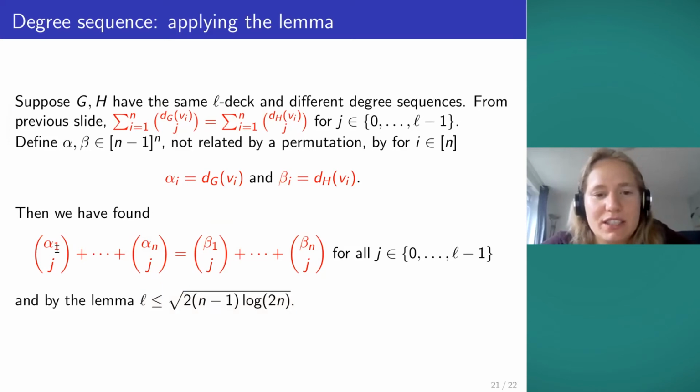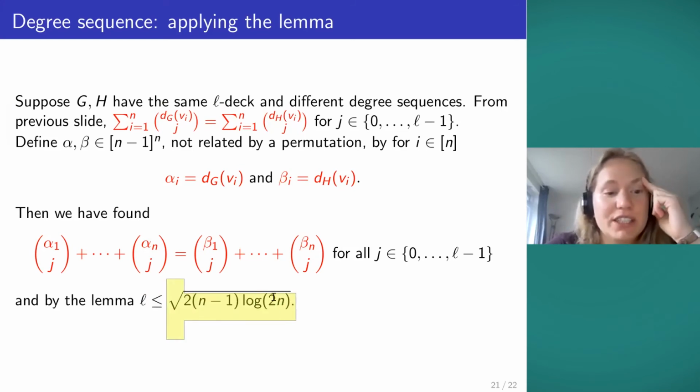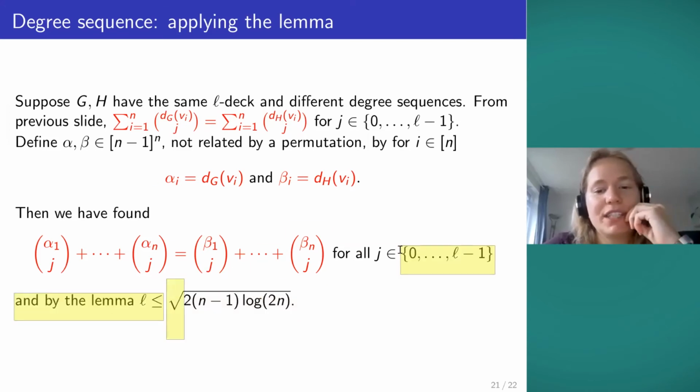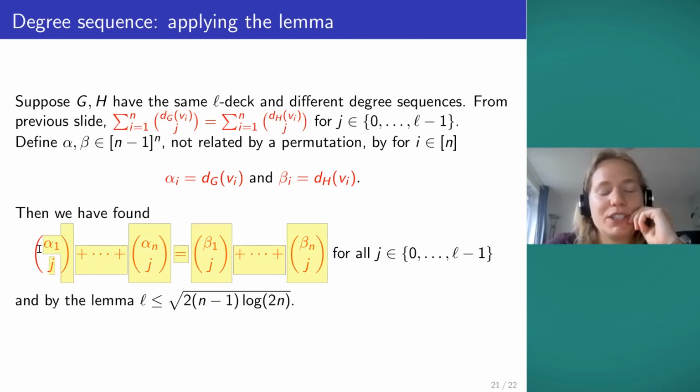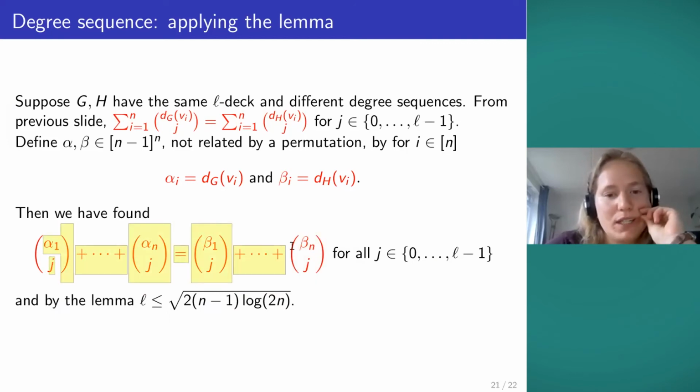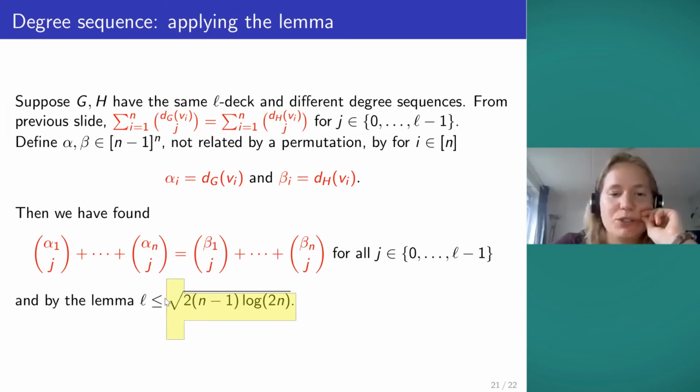So this shows us that this L cannot have been that small. We can do it by the lemma if this L was larger than this, but because we know that they're not related by permutation, it must be the case that we can't reconstruct too many of these sums. So this tells us that we can get the degree sequence as soon as we have more than this much space on our card.